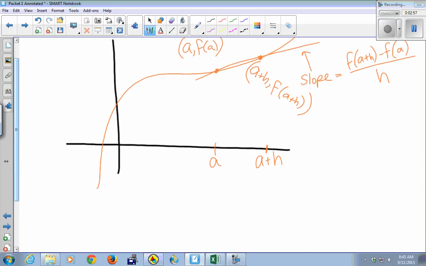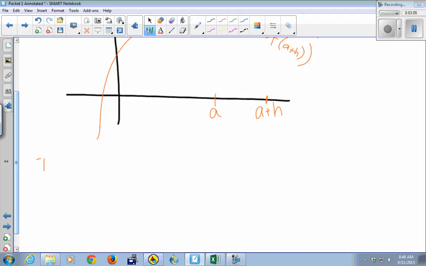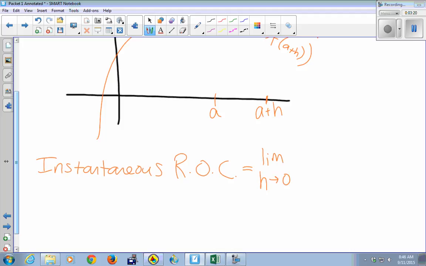All right, and if I wanted to know the instantaneous rate of change at a, I take a smaller and smaller interval between a and a plus h. So I make h smaller and smaller and smaller. So my instantaneous rate of change is the limit as h approaches 0 of f of a plus h minus f of a all over h.